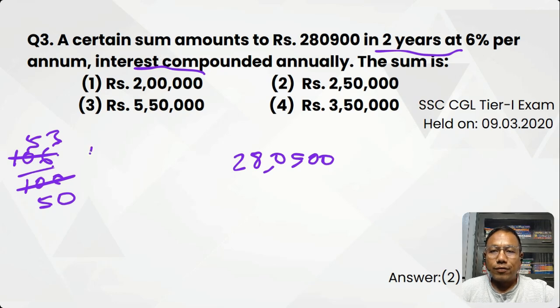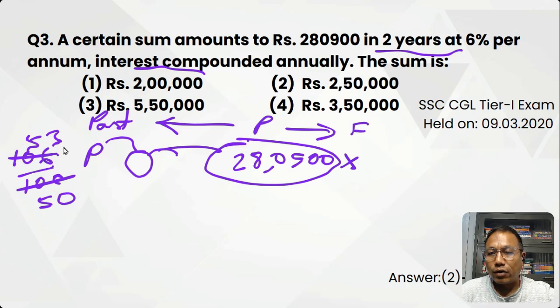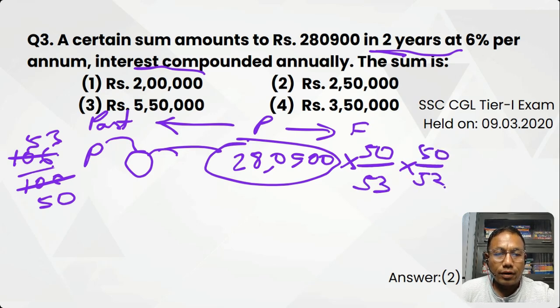That means from P in the first year, in the second year it amounts to this. We have to move from right to left. Reciprocal of 53 by 50, that is 50 by 53. How many times? 2 years. Therefore, multiply 2 times, 50 by 53.